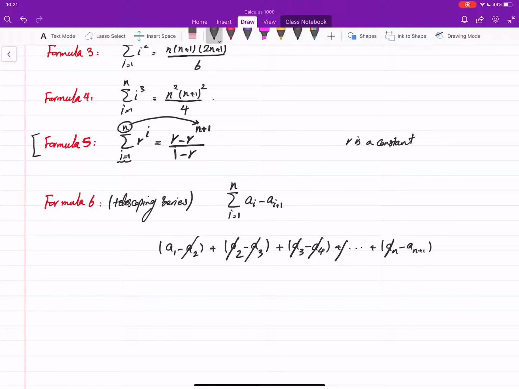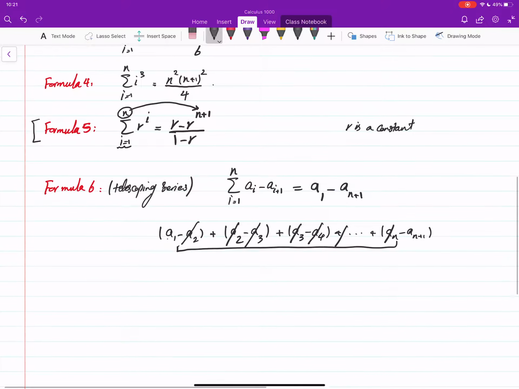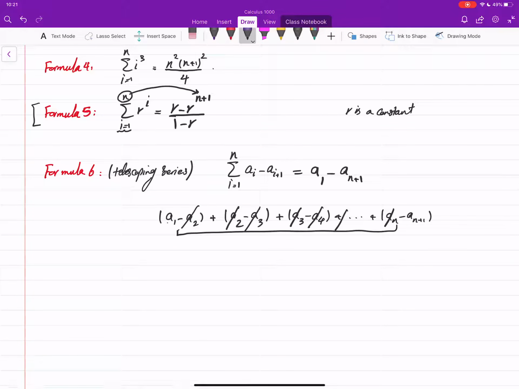All these will cancel out, except the first one and the last one. So the result is going to be a of the first one minus a of the last one. This is called telescoping. They cancel and just, you see, like a telescope. So these are the formulas that you have to know, and we have to be able to use them.